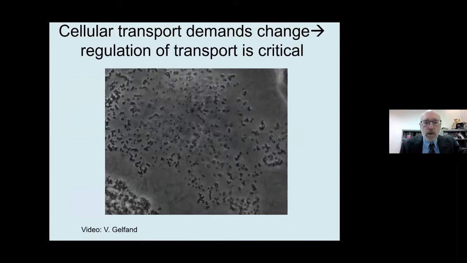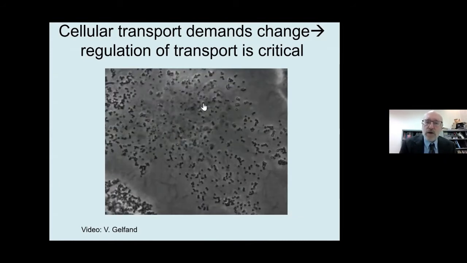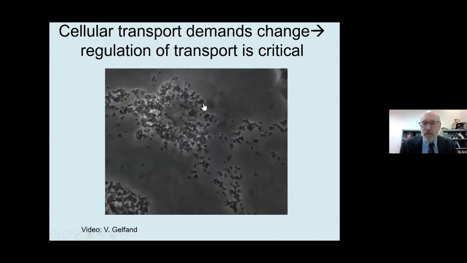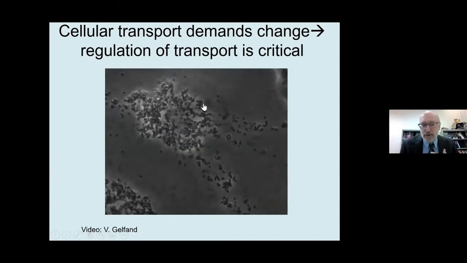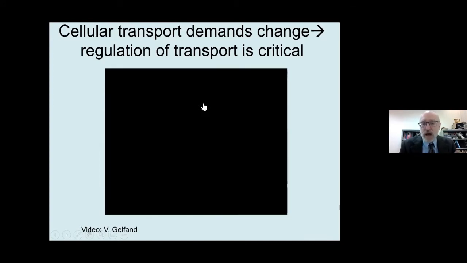One of the things we start off with as a physicist is we look at these systems and we discover that they change. Cellular processes demand regulated changes so that things happen. In the case of pigment granules, if you're an animal and you're green and you're on a green background, that's great.